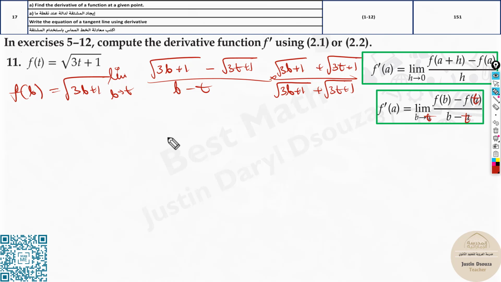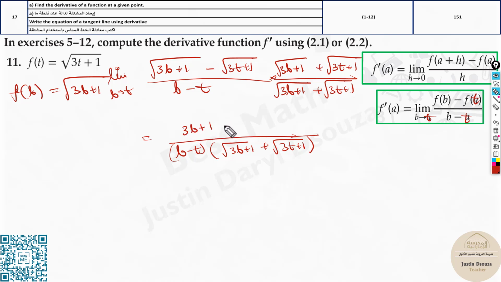And now let's solve it. Here we will have b minus t multiplied with root of 3b plus 1 plus root of 3t plus 1. Up above, directly I'm going to write, it will be a squared minus b squared, so the radical symbol goes off.